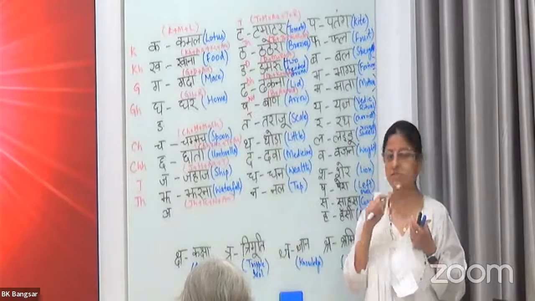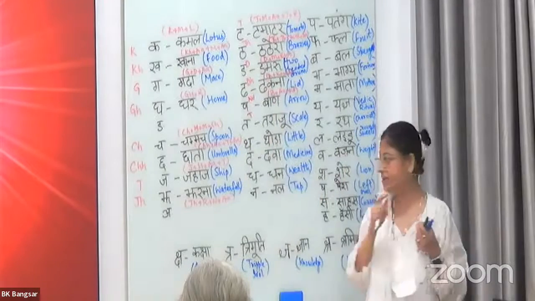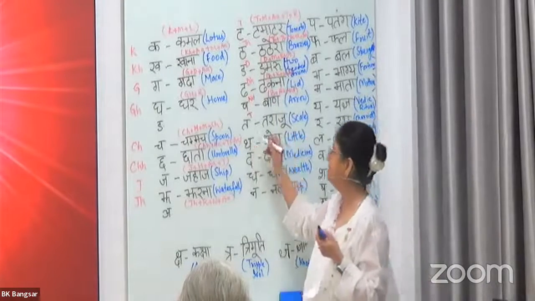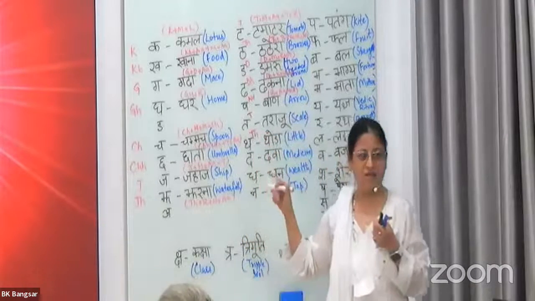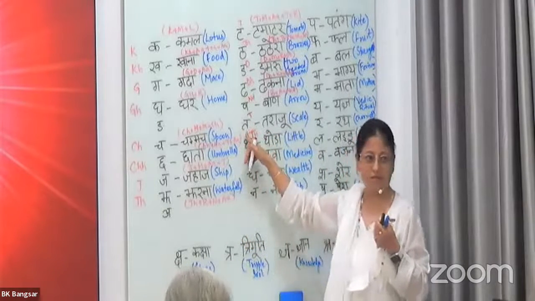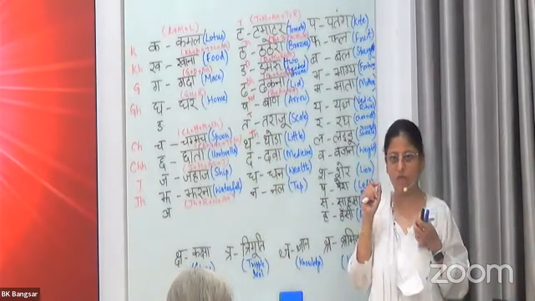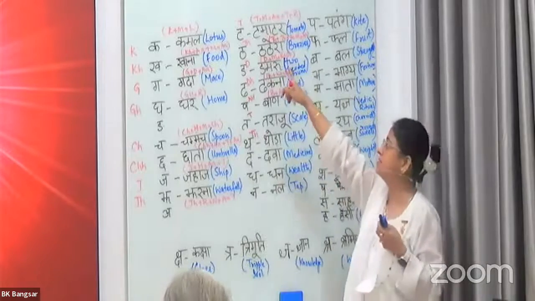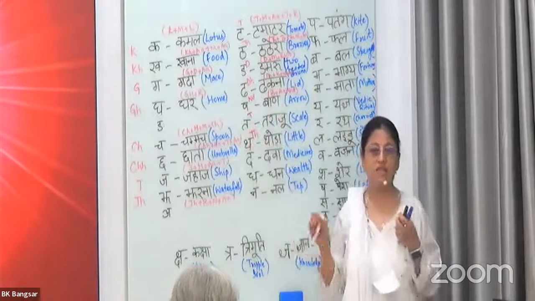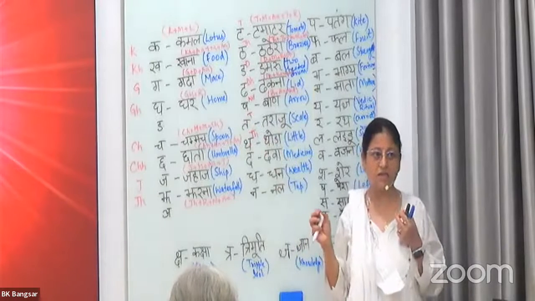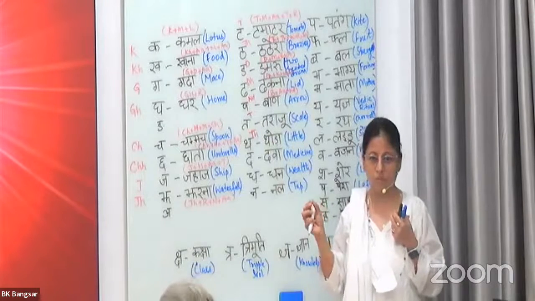No, that is tha. This is tha. T and th both are T, but how you pronounce it is different. That is tomato or tamatar. This is tha: tana, tarazu, takhat, tum.